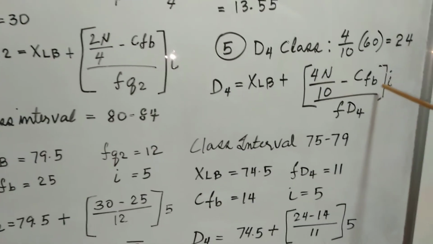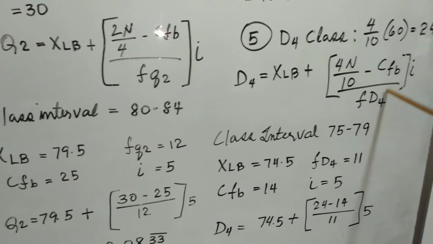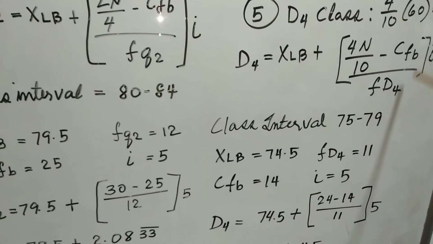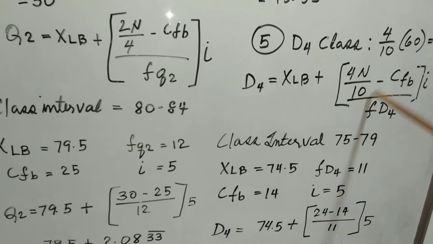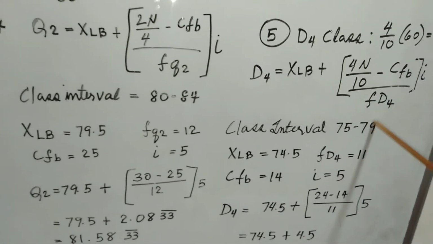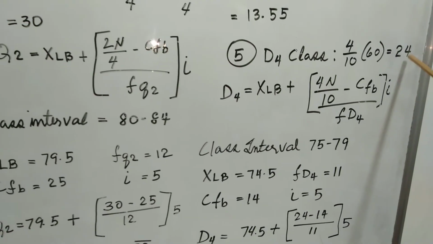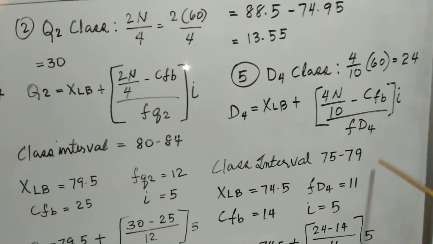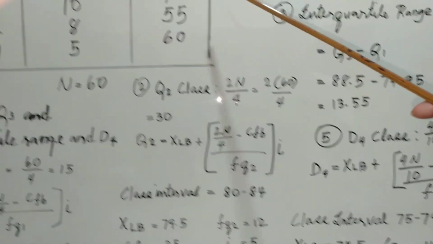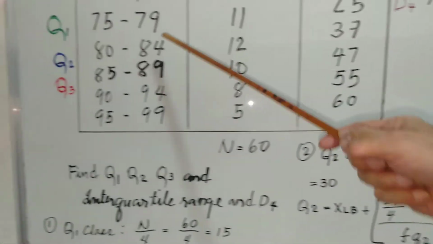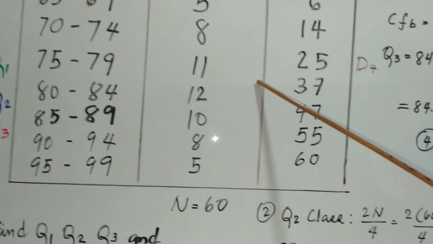So we're going to find the value of all these variables here. Since we have found 4n over 10 to be 24, the class interval having this 24 is similar to the first quartile class interval, so we're going to use again this row here for the first quartile.